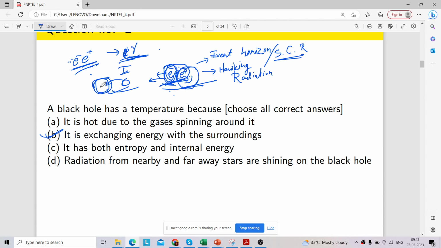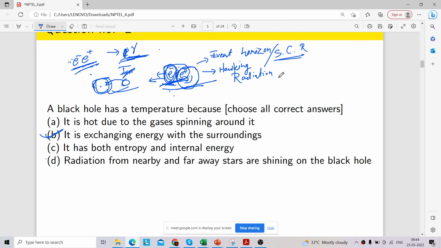Temperature is the measure of heat in the system. So if it is taking heat from the surroundings or radiating heat as particle energy, then it must have some temperature, right?